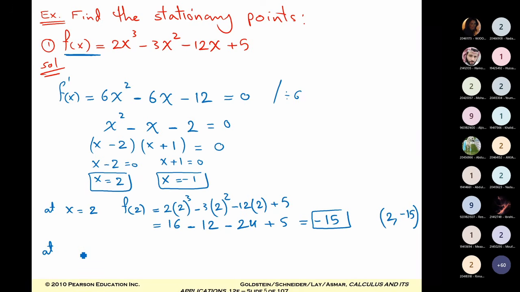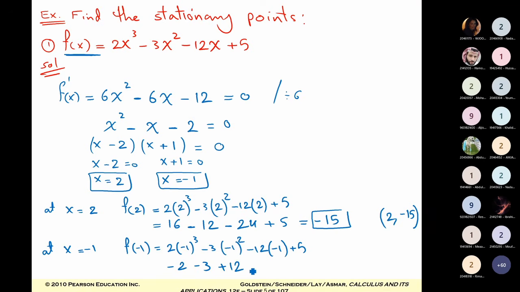At x equal negative 1, substitute negative 1 in f of x. We have 2 times negative 1 to the power 3, minus 3 times negative 1 squared, minus 12 times negative 1, plus 5. So we have negative 2, negative 3, plus 12, plus 5. So we have 12.